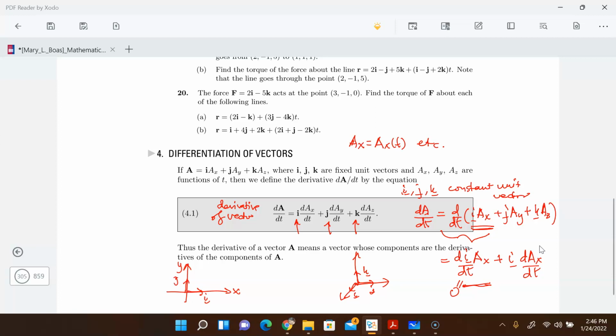But I could have done this in a different sense if I use polar coordinates. So here would be your unit vector along the radius, or the r, and then this would be the unit vector along theta here. So theta is here.